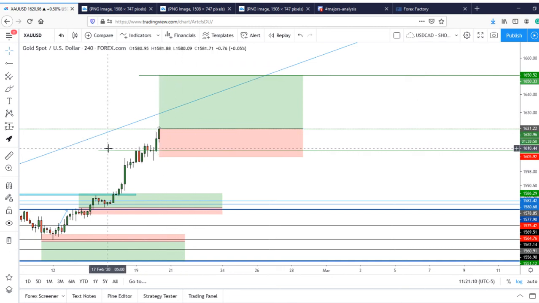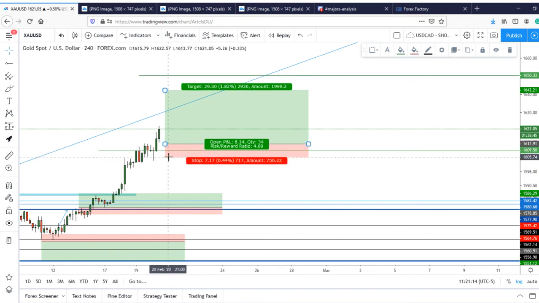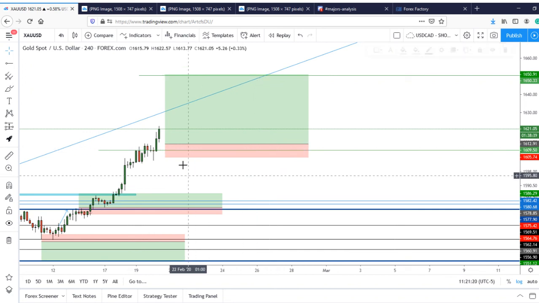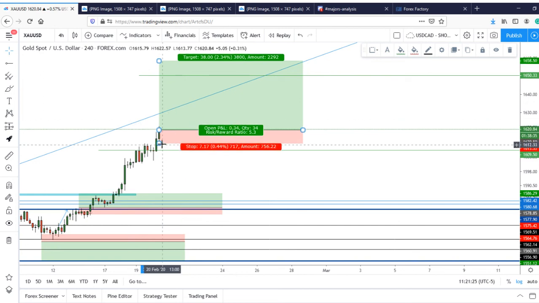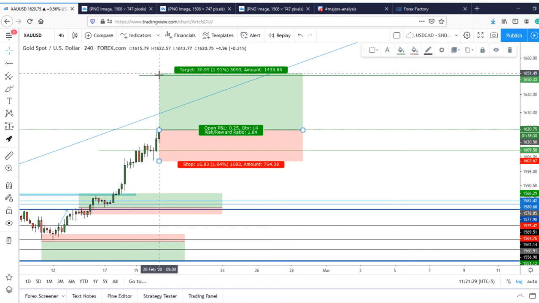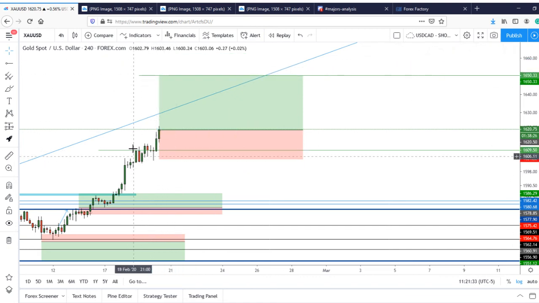The ideal situation is a retrace to these lows, because your stop loss would be so tight and your payoff would be much greater, and it'd be a 5.3 R to R setup. So that's my opinion right now. Just because it's so volatile right now, I'm not going to get anyone to enter just yet. We'll get a better entry, but if you can't wait, this is something you can take. So 1.9, not bad.